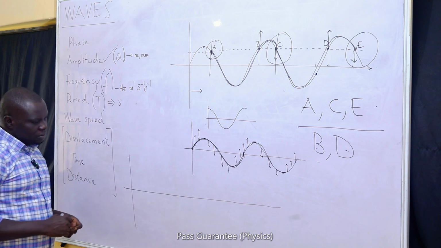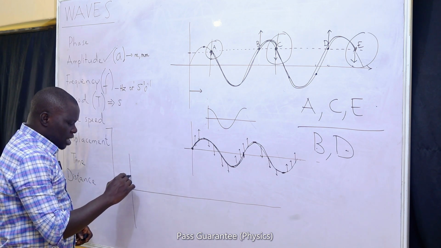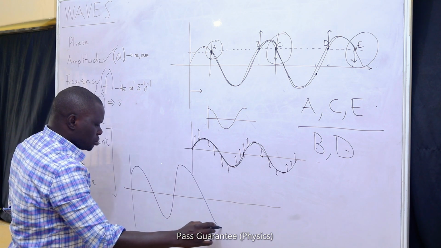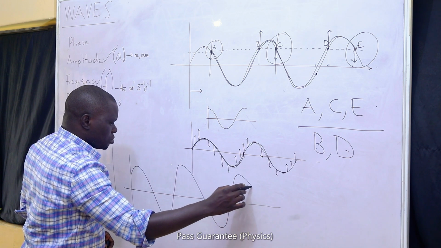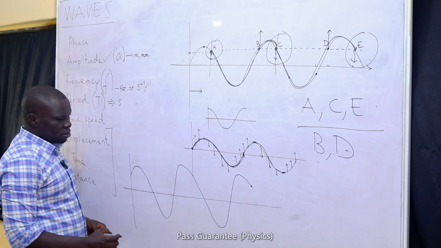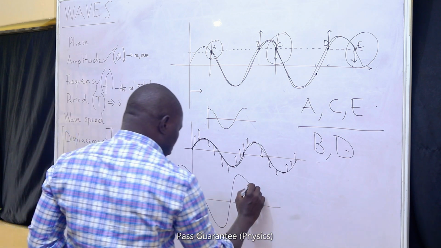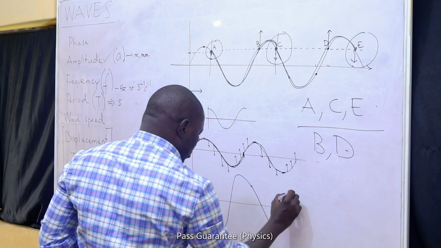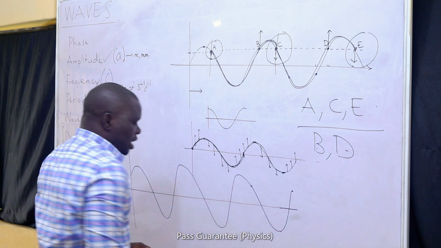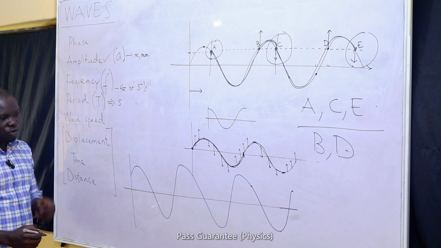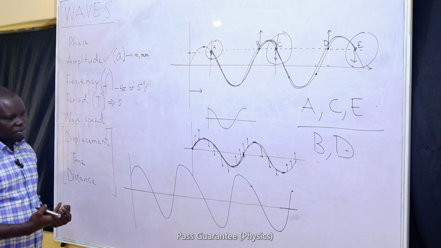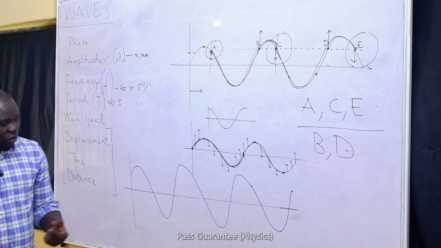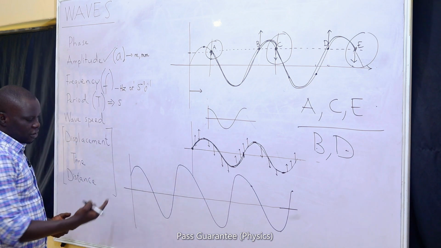I can give you a graph that looks like this, and I can ask you to look for the number of cycles. If you are always watching out for graphs that start from the origin or from the amplitude, you have a little problem with this. Why? Because it's not starting from either of the two.